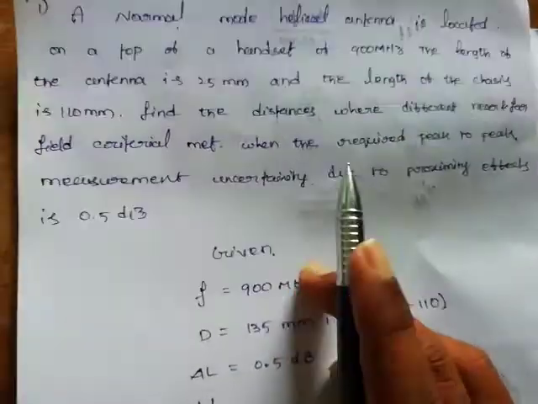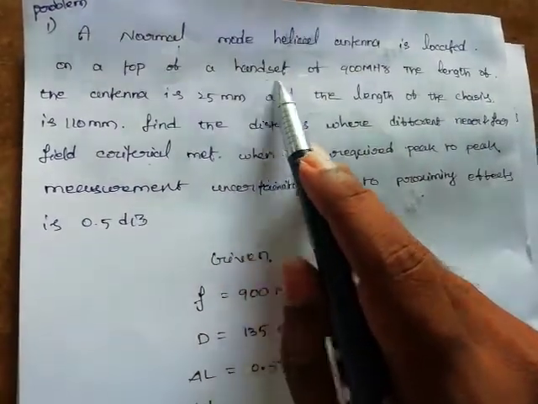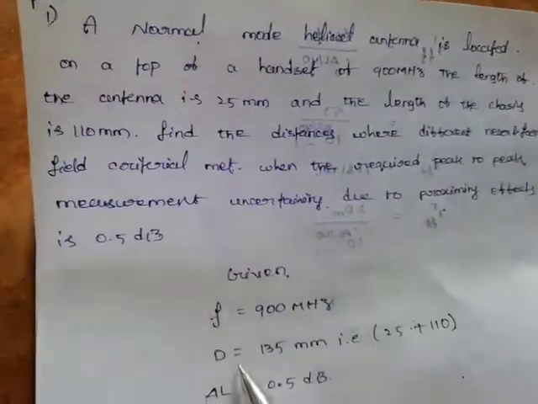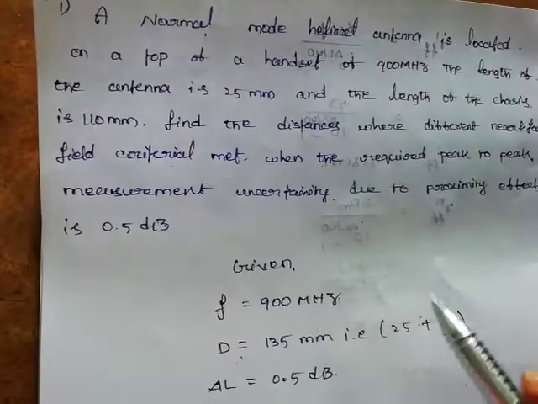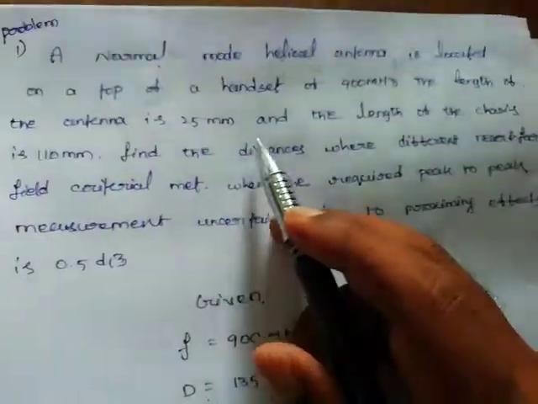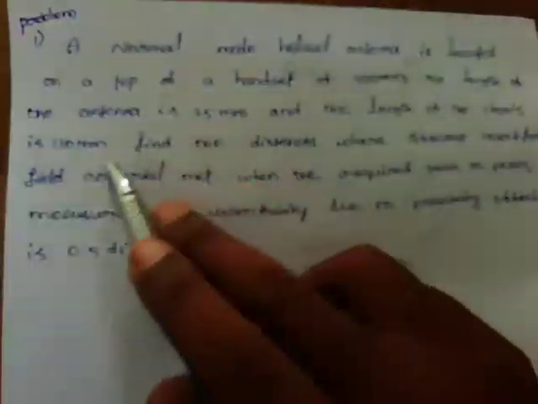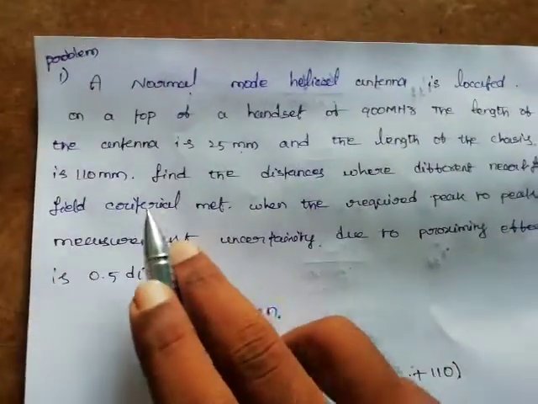First, what is given: one helical antenna is placed at the top of a handset with the frequency of 900 MHz. Write that. Next, dimension D is 135 mm, that is 25 plus 110. Here we have 25 mm, the length of the antenna, and chassis means 110 mm.